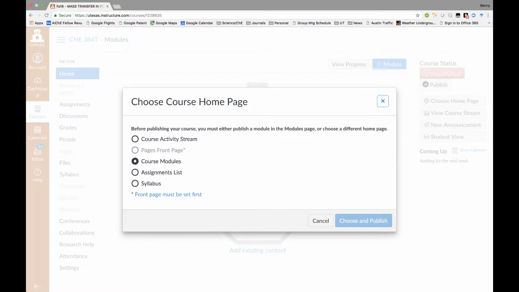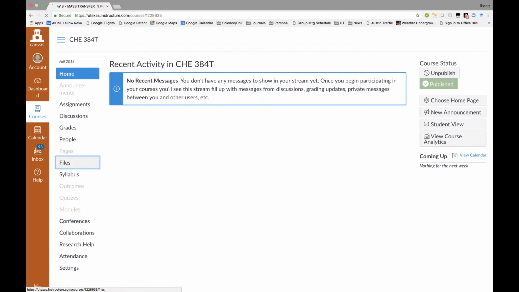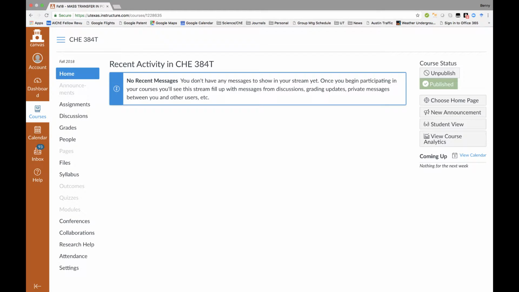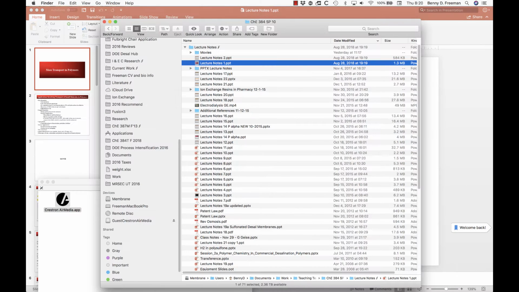Well, who knows what this means? Can you get to the files? Anybody have any? Yes. Okay. All right. Well, yes, there's one more. They must have made some improvements in that as well.